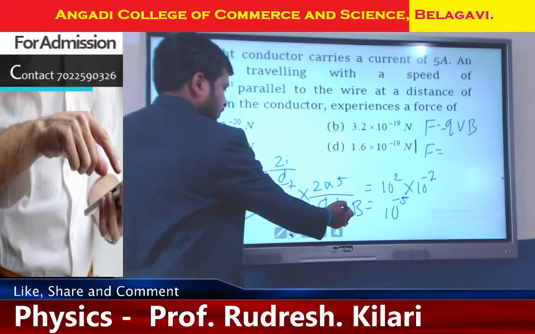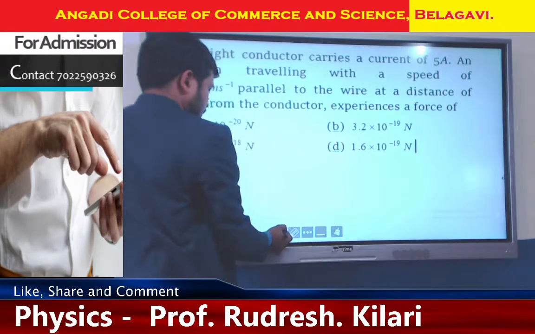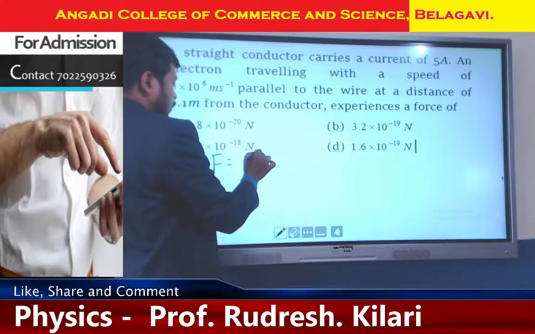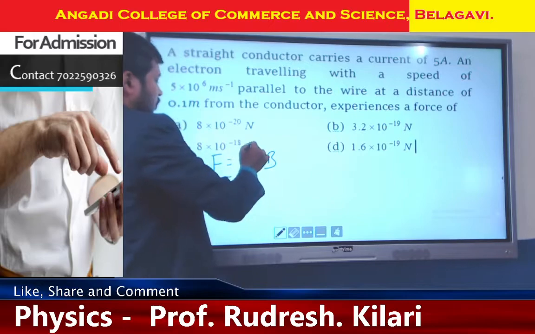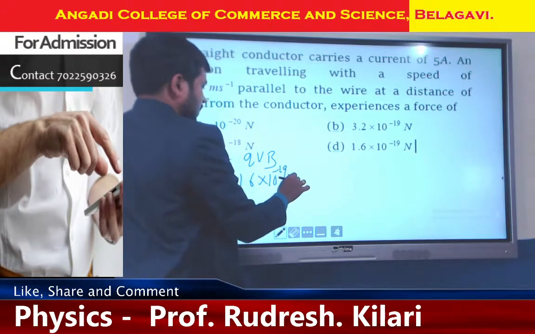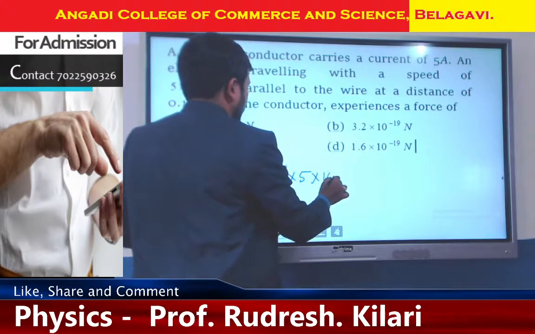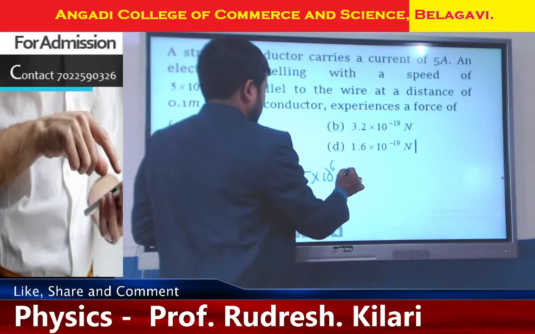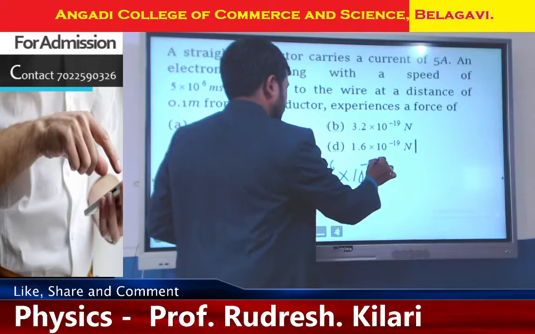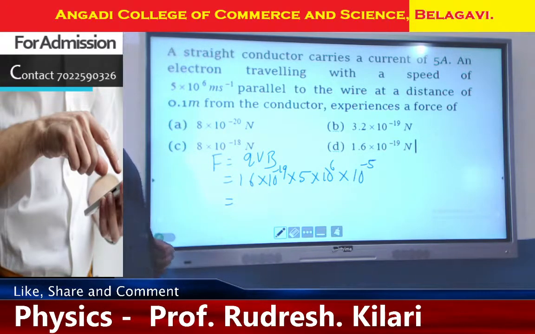Just I'll draw this one. Okay, F equals QvB. Now 1.6 into 10 to the power of minus 19, into 5 into 10 to the power of 6, into B, 10 to the power of minus 5. Right? Simplify.